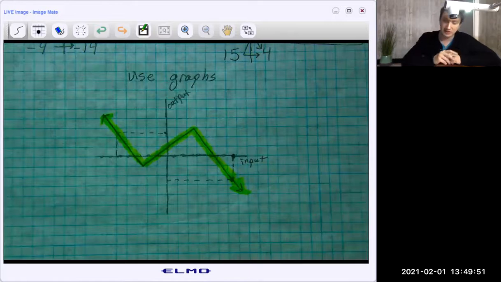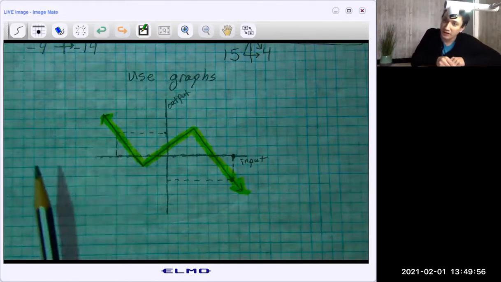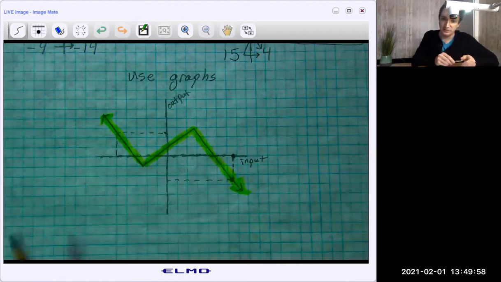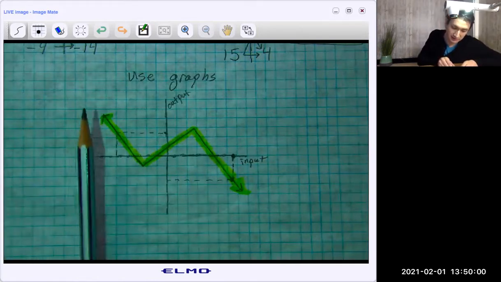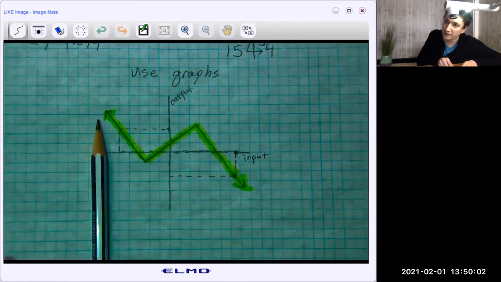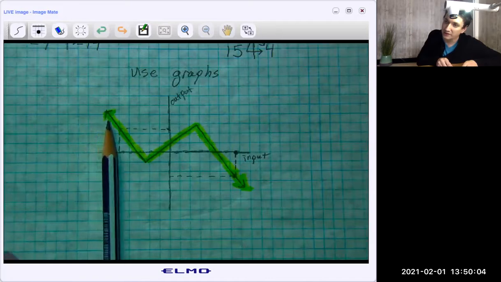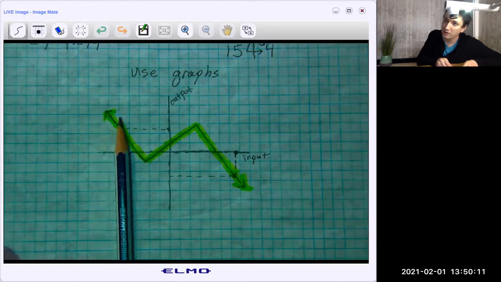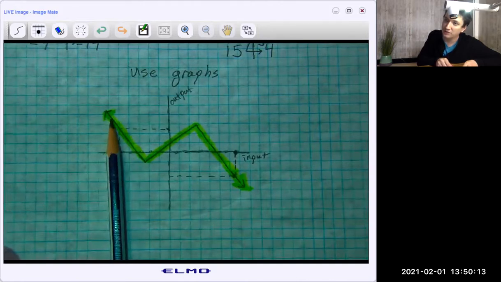So what they do is this thing called the vertical line test. They take these lines and run it along the whole graph. The best way to do it, I like to just use my pencil, is I start from left to right and run it along the x, because I'm checking every input and saying, do I know the output right now? Yep, I know my output. It's always where this line is touching my pencil.